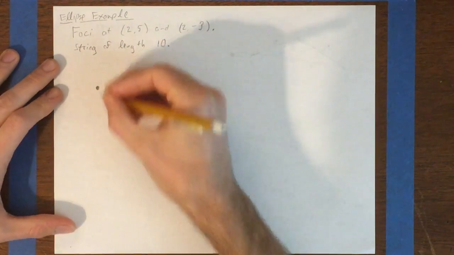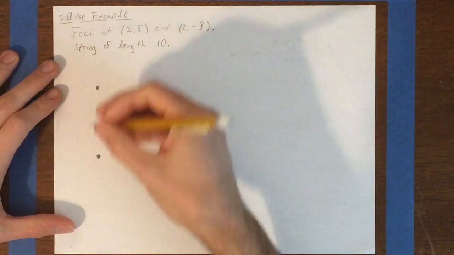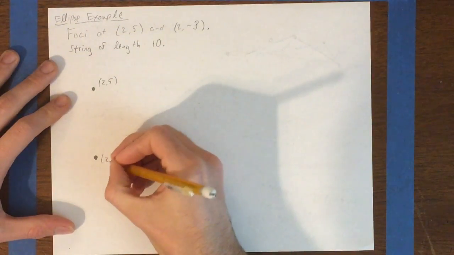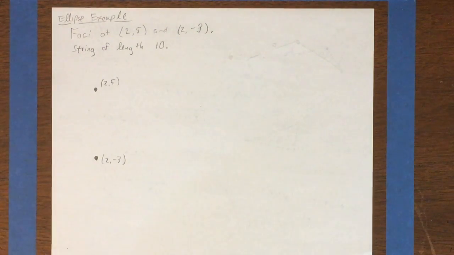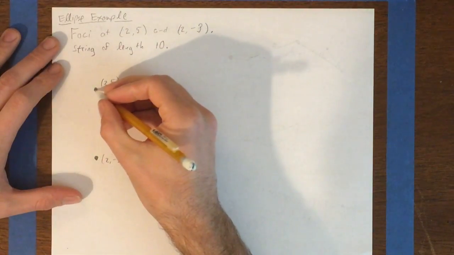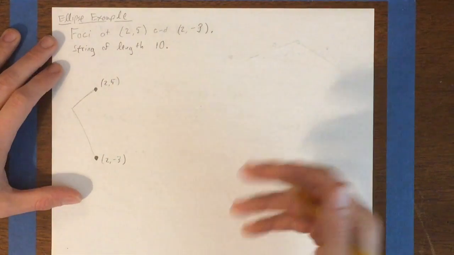I'm just going to plot where those points would be, and all I'm doing is plotting two points on a vertical line, and the (2, 5) would be the one on top, and the (2, -3) would be the one on the bottom. So that's where we're going to attach our string on two ends, and then the string's length is 10 whatevers, let's say centimeters or something. We've got to make sure that our grid system and our string length are being measured in the same unit.